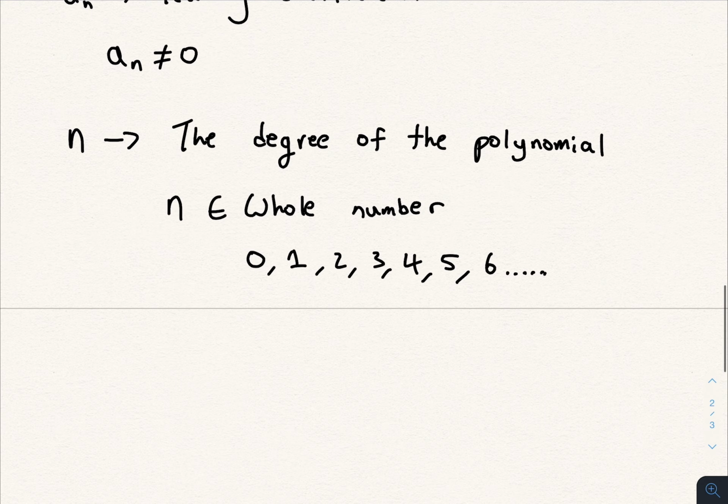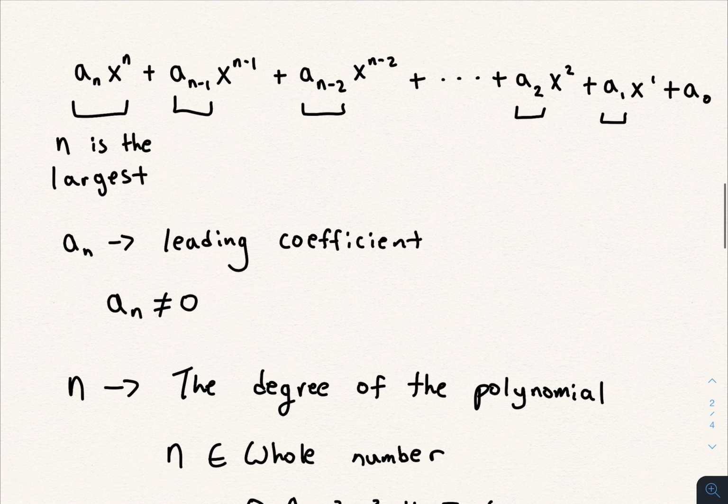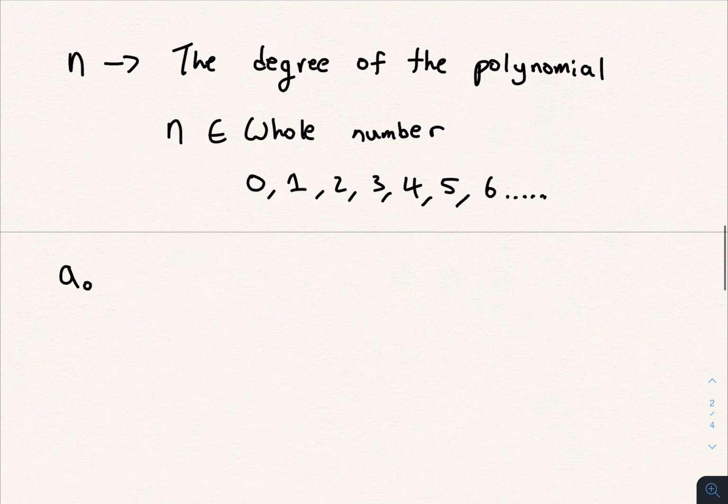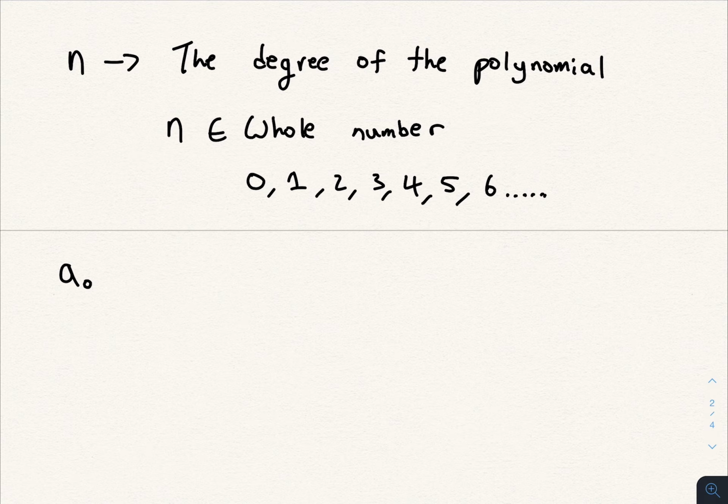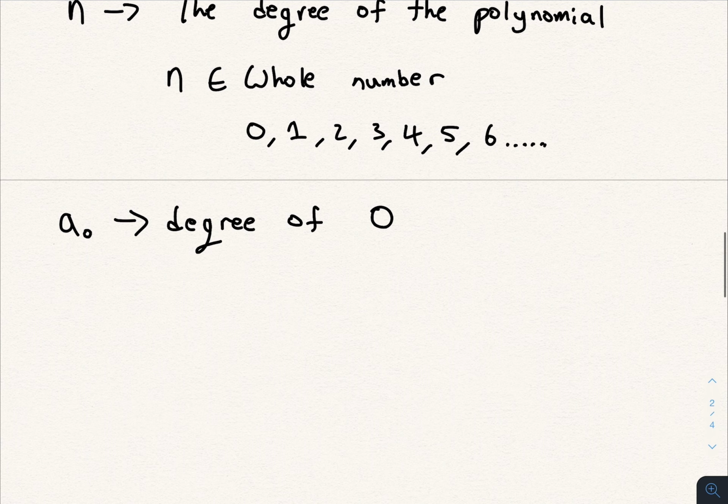And the term a naught, the last term of the polynomial, is referred to as the term with degree of 0, and this is referred to as the constant.